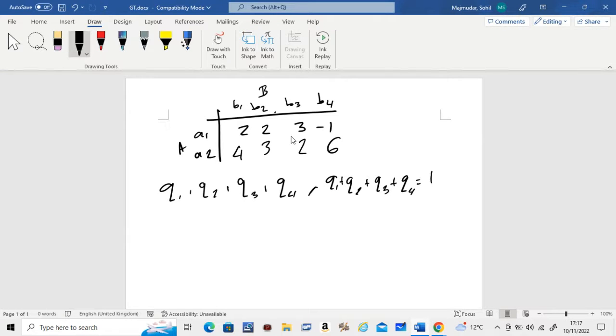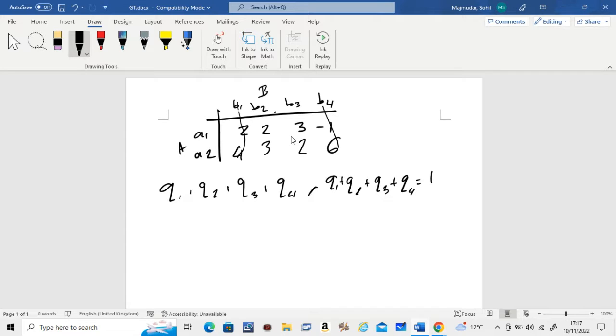Now, the other thing to note here is when we found the answers for player A, we only used B2 and B3. So it means that only B2 and B3 will contribute to the probabilities of player B. So you can just get rid of this column and this column.